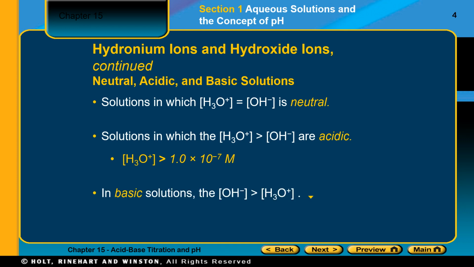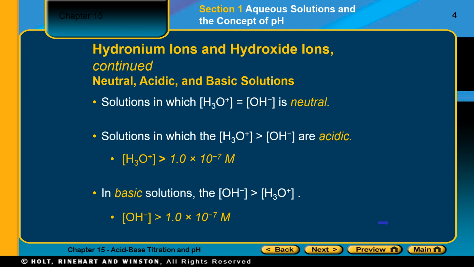In basic solutions, the hydroxide ion concentration is going to be greater than the hydronium ion concentration, or written mathematically, the hydroxide ion concentration is greater than 1.0 times 10 to the minus 7 molar.